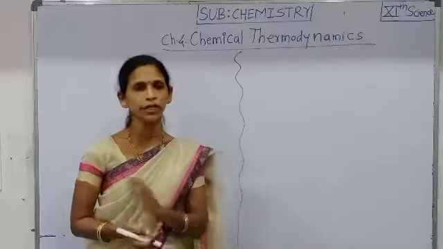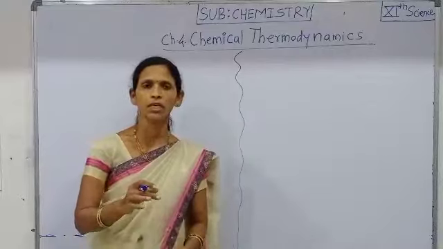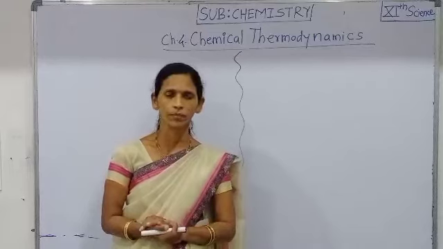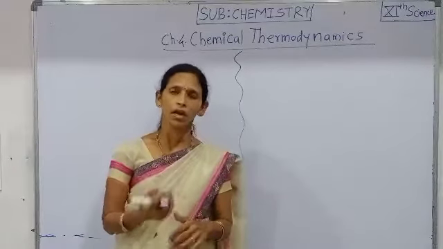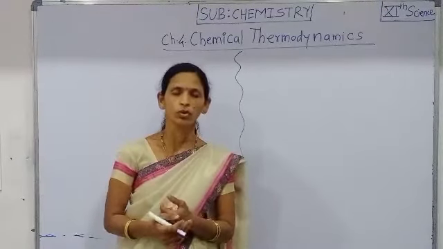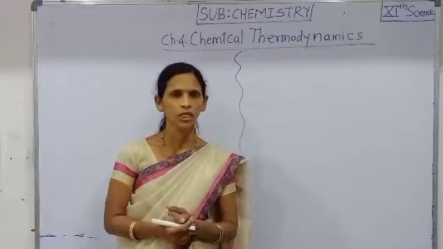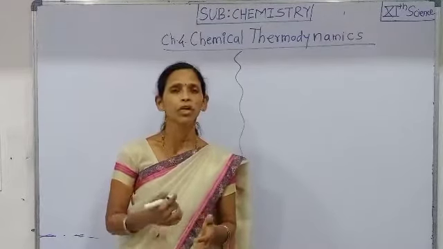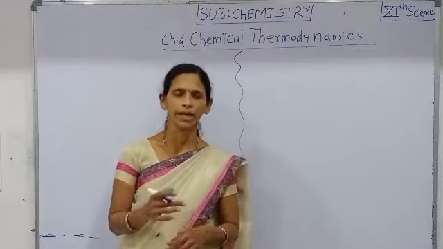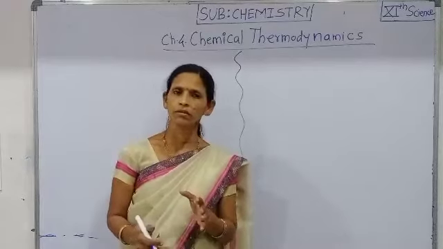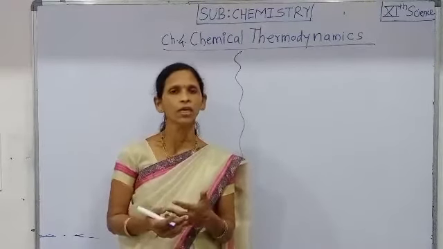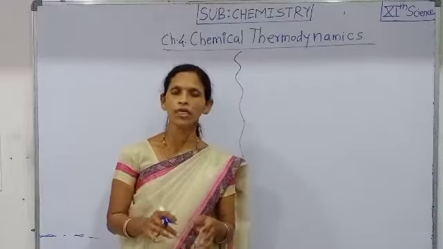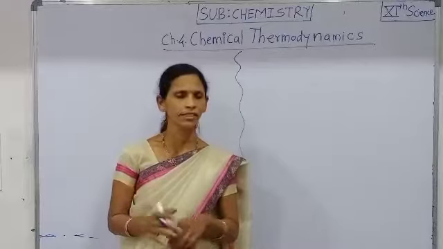I have already discussed the basic concepts related to chemical thermodynamics, and in this online video today we are going to study the next concept, that is maximum work done and the derivation for maximum work done. But I am going to repeat all the concepts which we have already studied in offline lectures.